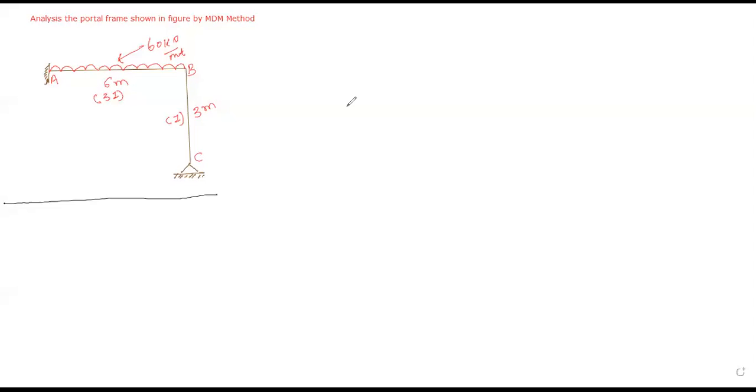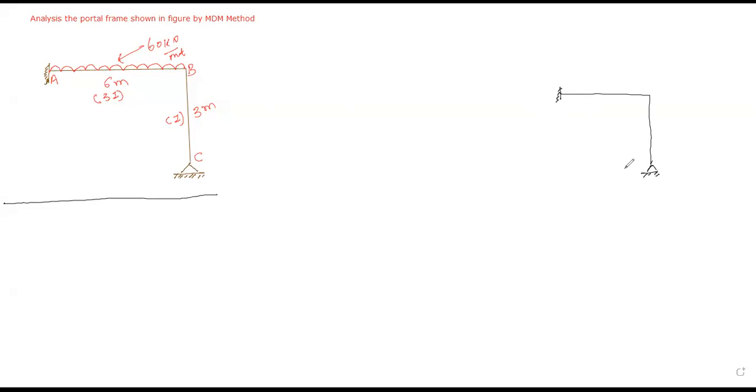So now, write down in chat box, what is the nature of point B? Why hinge?